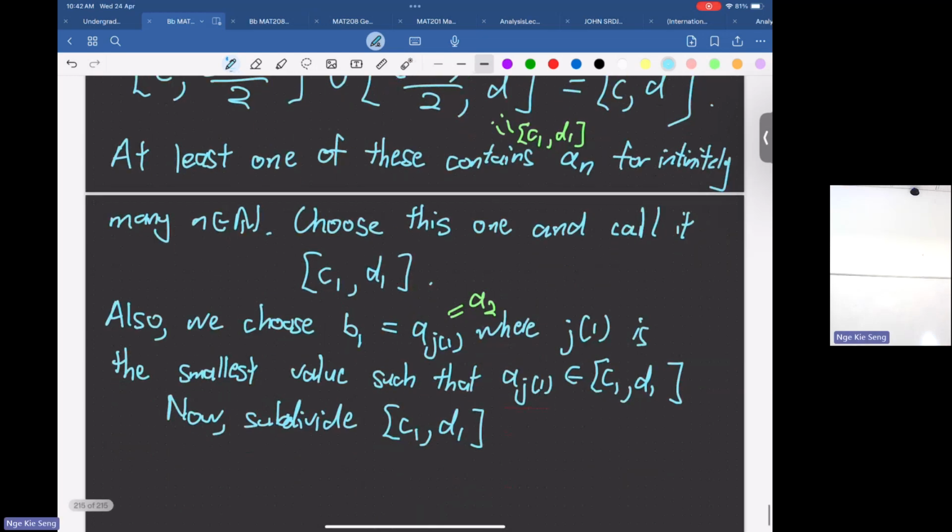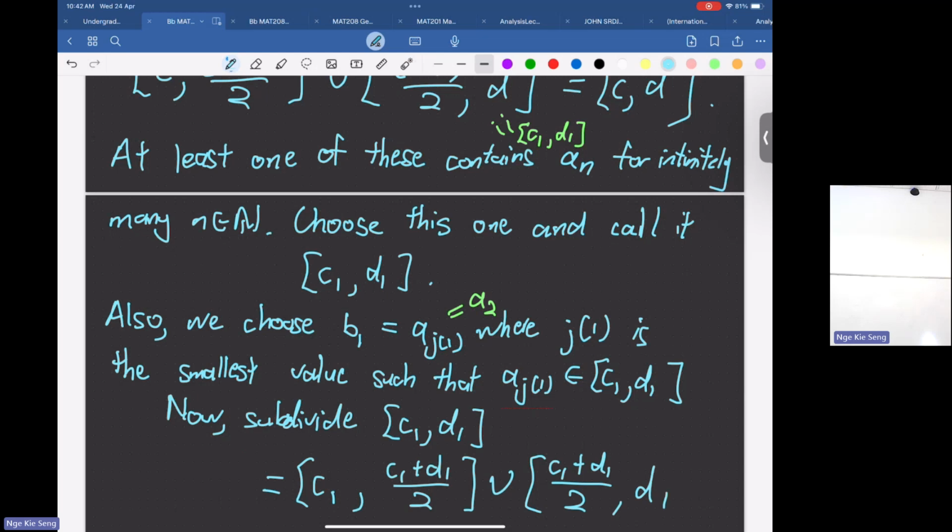We divide it into [C1, (C1 plus D1) over 2] union [(C1 plus D1) over 2, D1].